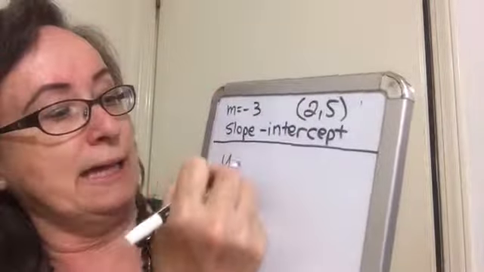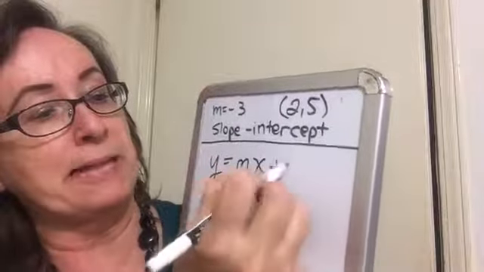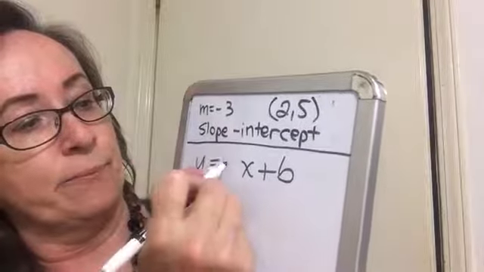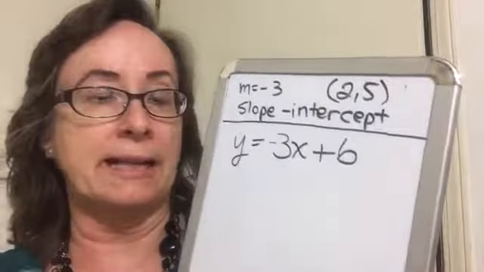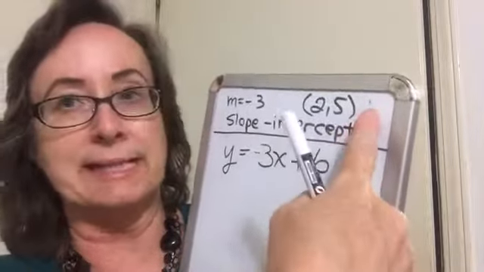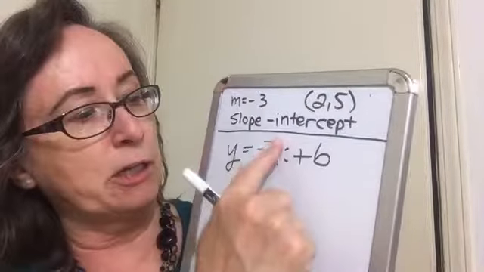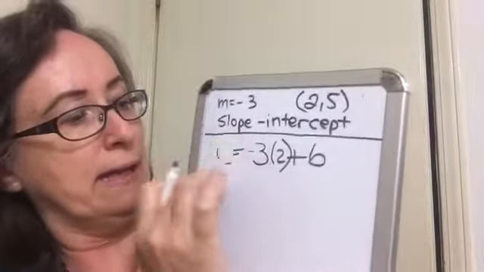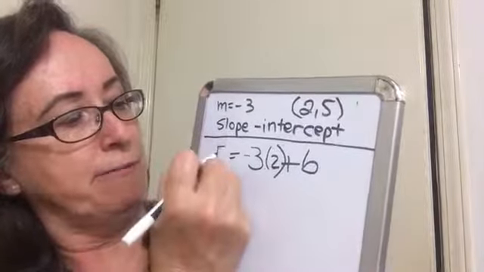So y is mx plus b. My slope is already -3. So the only thing we need to find is my b, my y-intercept. So I'm going to plug in this known point, and I'm going to change my x to be a 2 and my y to be a 5.